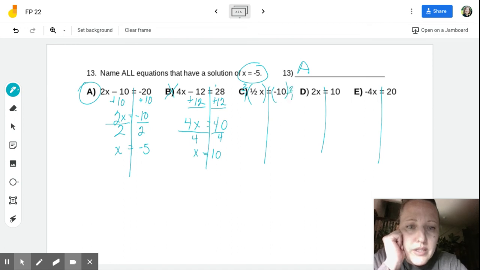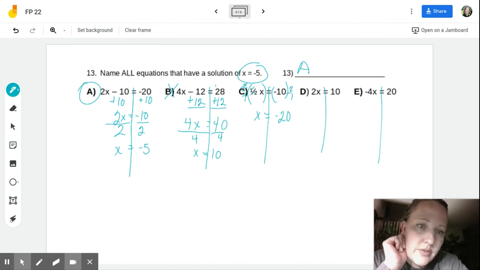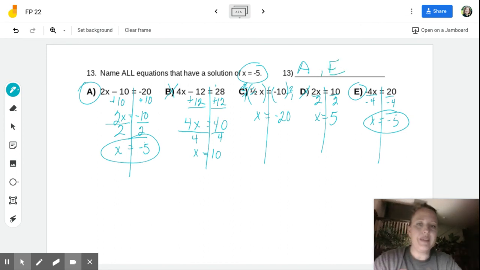So x equals -20. Nope, doesn't work, does it? Let's try this one. Divide by 2. X equals 5. Nope. And finally, divide by -4. X equals -5. Perfect. So this one here, they are correct. So A and E.